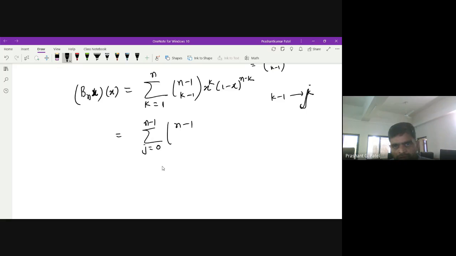So we get n minus 1 C j, instead of k minus 1 it is j, x^(j+1), (1 minus x)^(n minus j minus 1 plus 1).